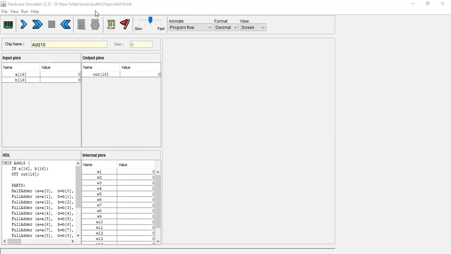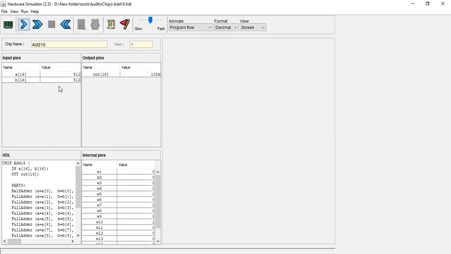This is not 2 to the power of 8, since it's 8 bits, so 256. Let's try 512, plus 512. I'm just trying; 512 is not the highest number.